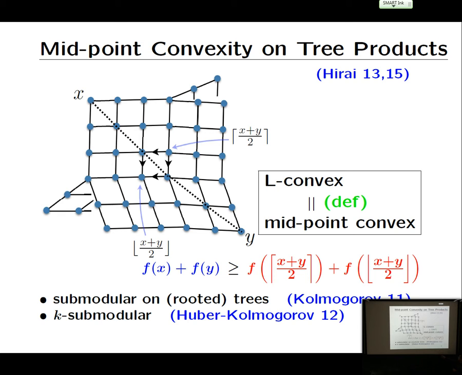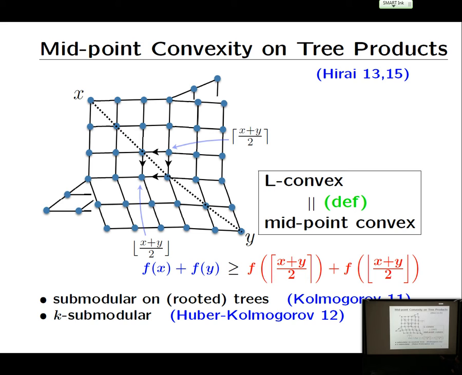So component-wise, x is here, and y is actually here, if you look at the first component. Then the middle point of x and y is somewhere here. So we round up or we round down. But since we assume that there is a direction of edges, one is rounding up, the other is rounding down. So head or tail.